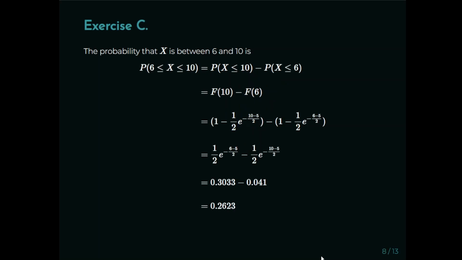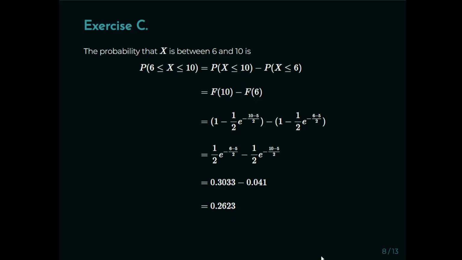Now, find the probability that x is between 6 and 10. I didn't go for anything too strenuous here, because both 10 and 6 are greater than mu, so it should be a straightforward calculation. But if this was, let's say, 10 minus 3 or something like that, we would have to pay attention to the two different versions of the cumulative distribution function.